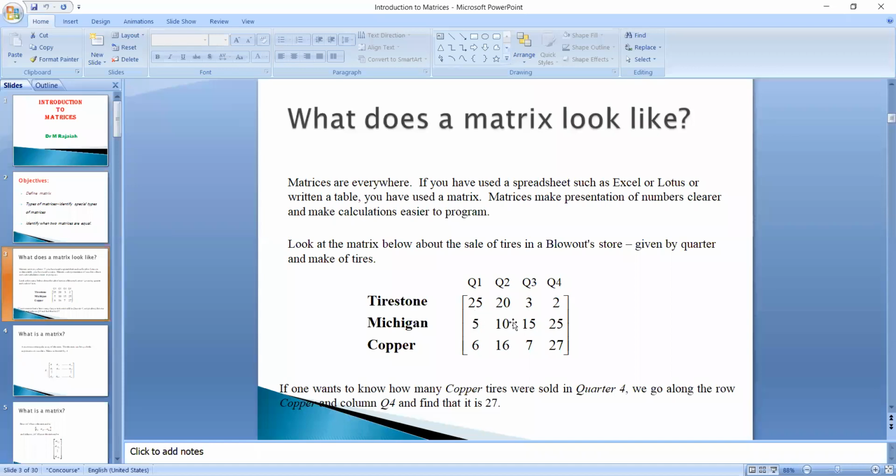In Michigan, how many tires sold in quarter 3? 15. Then what about Firestone in quarter 1? 25. So this is the easiest way to represent the production or sales of different companies with the same product. This is one example of the uses or applications of a matrix.